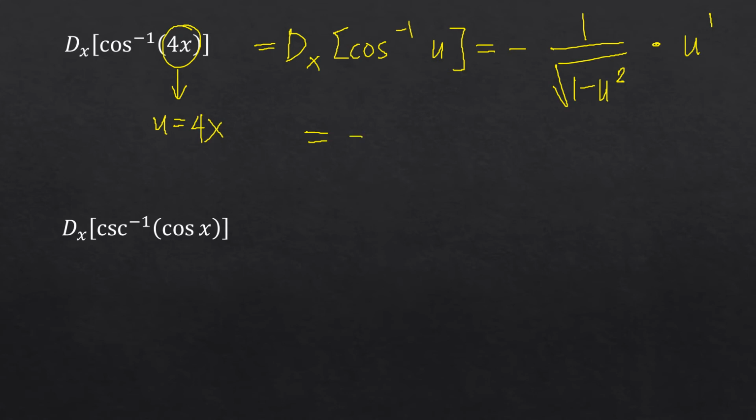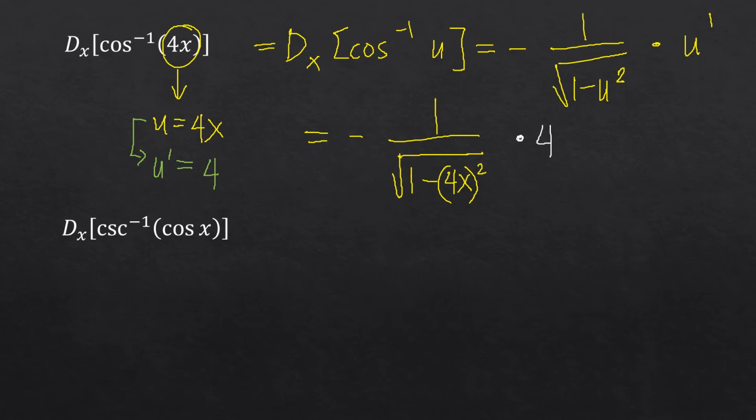So we have negative 1 over square root of 1 minus 4x, then you have to square that. And the derivative of u, which can be represented by u prime, is equal to 4. So you have to multiply that derivative to that. So our final answer is now equal to negative 4, since 4 times 1 is negative 4. So we have negative 4 over square root of 1, and the square of 4x is 16x squared, so minus 16x squared.